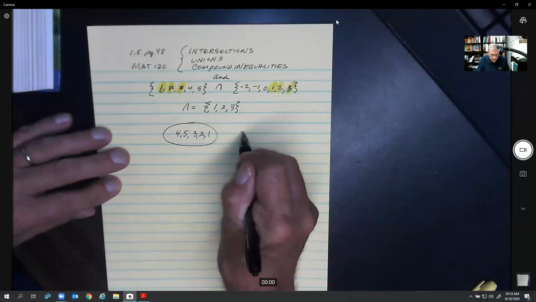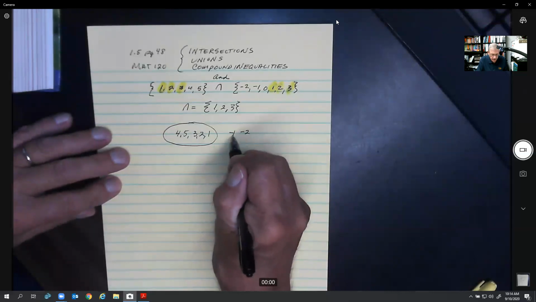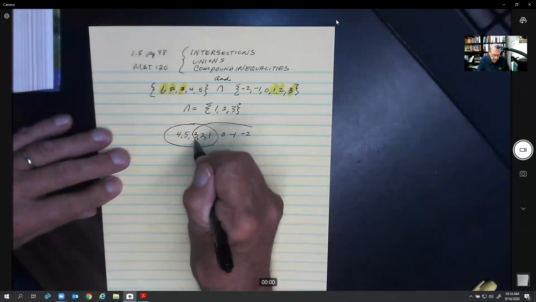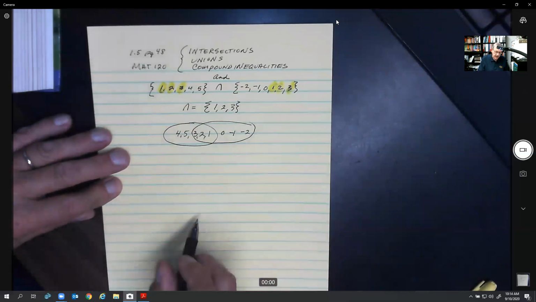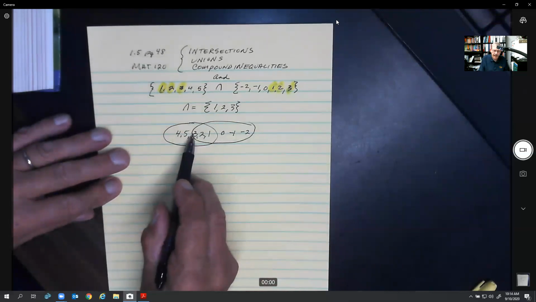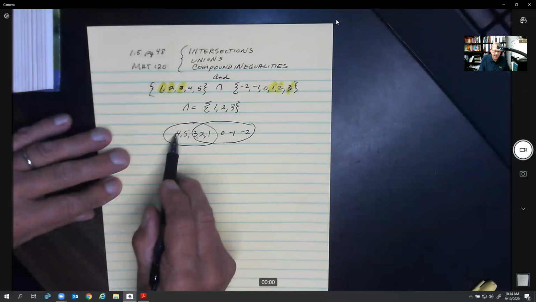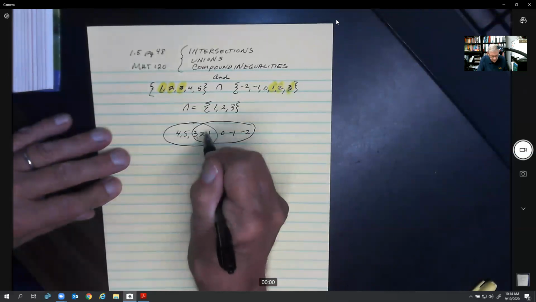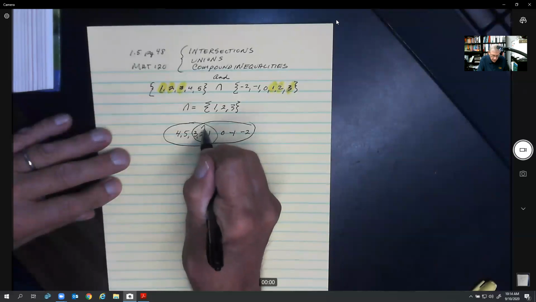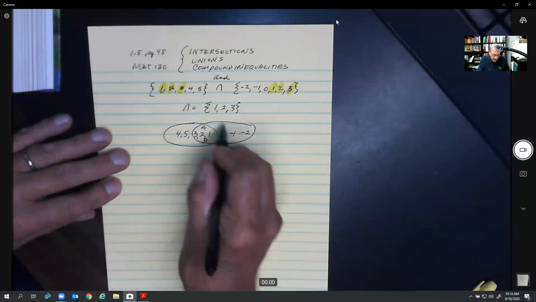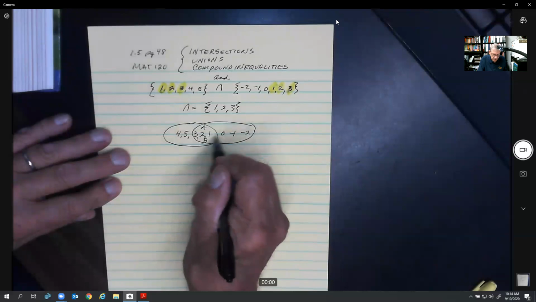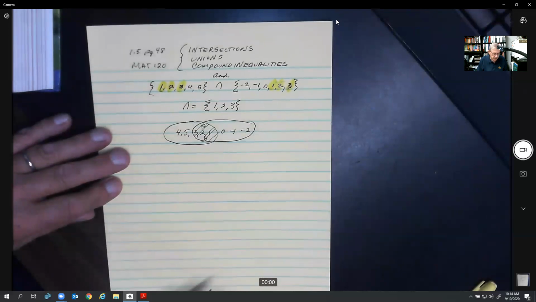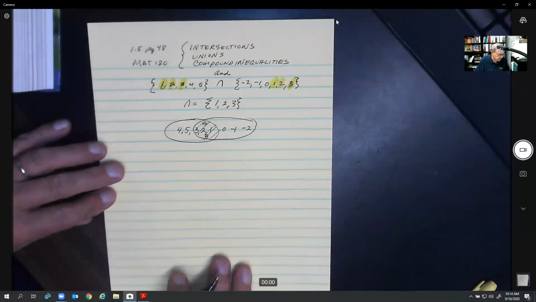It had -2, -1, 0, and then it had these same numbers in it. So it's the intersection where those collided. That's common to both sets. Hey, I belong to set A, but I also belong to set B. I'm in both sets. So it has to be something that's common to both sets. That's what we mean by an intersection.